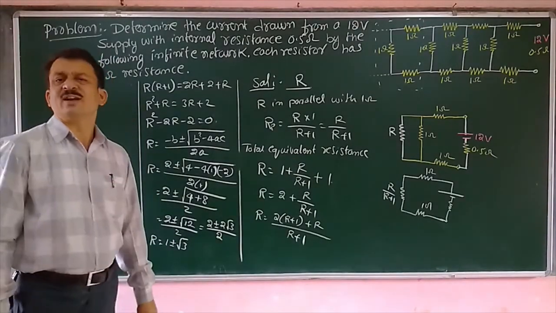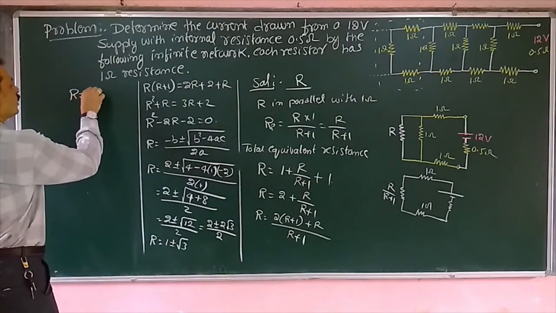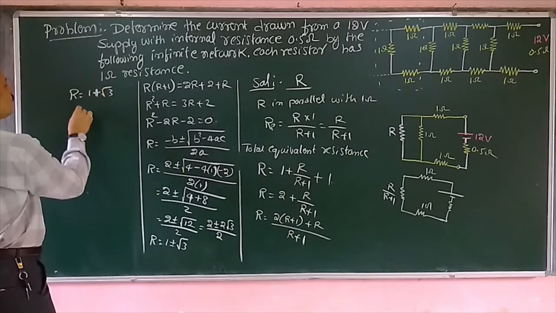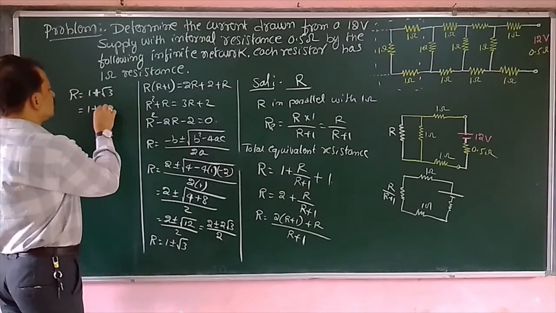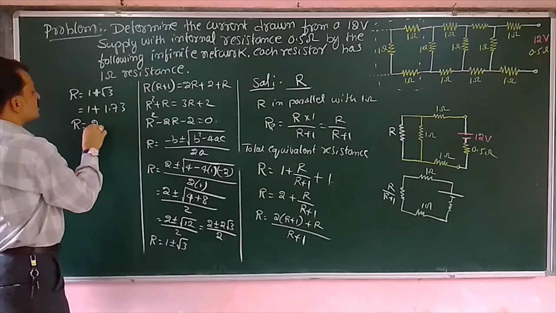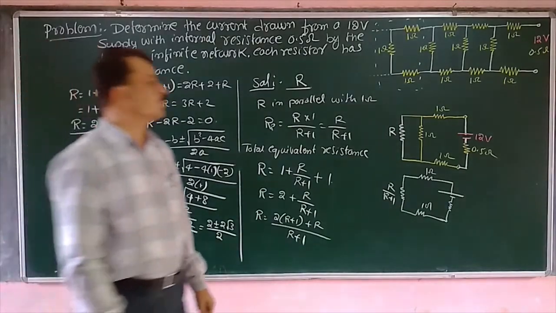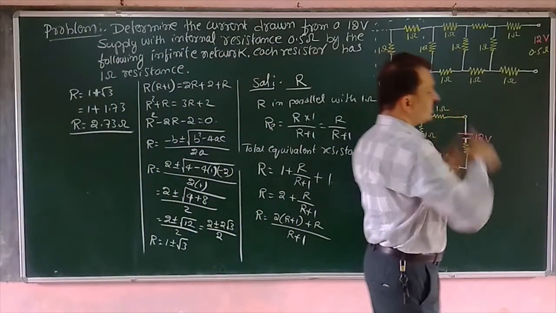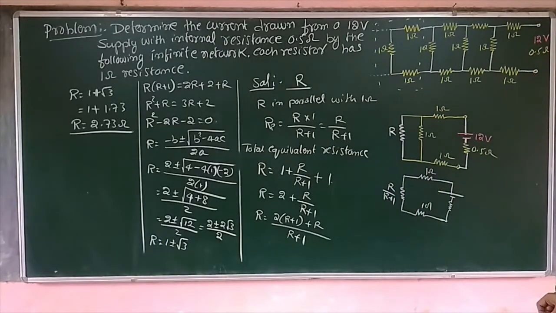Now since resistance value is a positive value, therefore we get R is equal to 1 plus root 3, that is equal to 1 plus, the value of root 3 is 1.73. Therefore, the equivalent resistance becomes 2.73 ohms. The equivalent resistance of the network becomes 2.73 ohms.